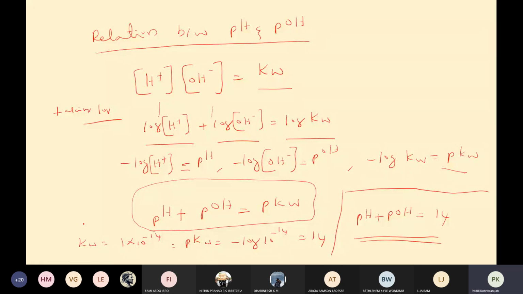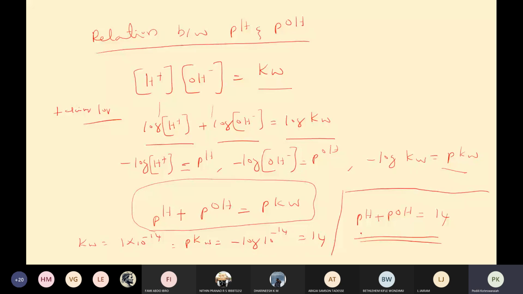And as I said, in pure water, the ionic product Kw is equal to 1 into 10 to the power minus 14. Because the H+ ion concentration is 10 to the power minus 7 and the OH- ion concentration is also 10 to the power minus 7, therefore Kw is equal to 1 into 10 to the power minus 14. So if Kw is 1 into 10 to the power minus 14, pKw is minus log 10 to the power minus 14, which becomes 14.